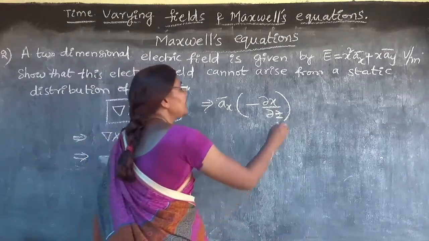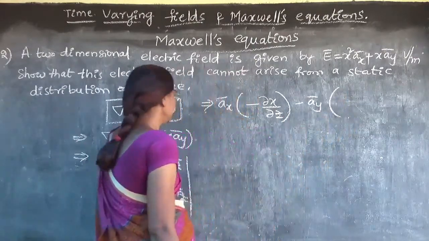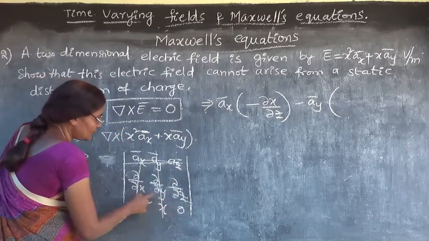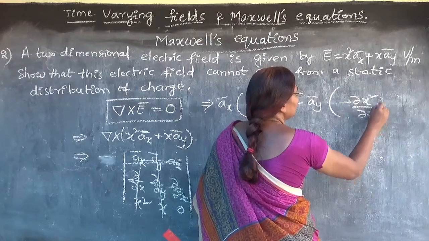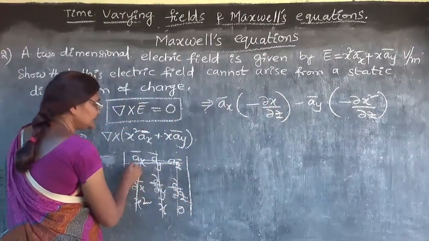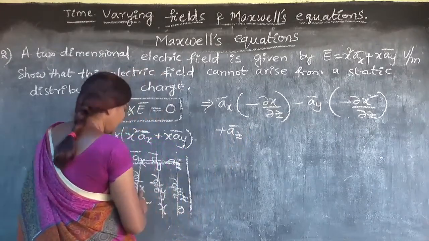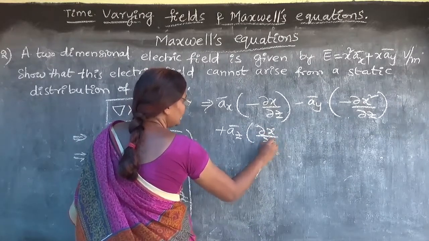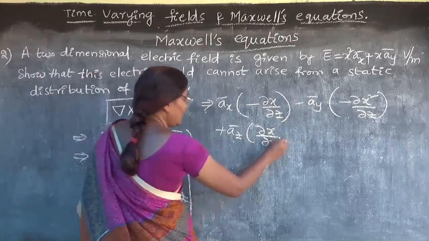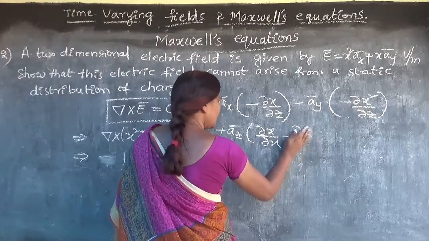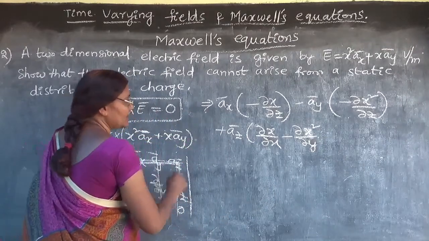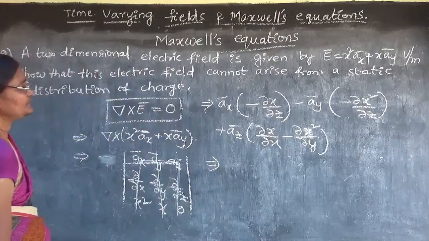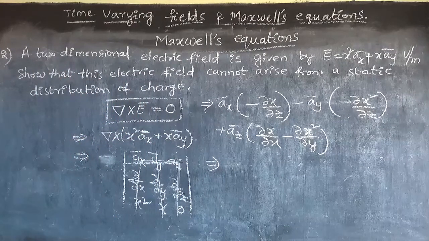Next, minus ay bar, ఇప్పుడు దీంతో expand, this will be 0, minus dou x square by dou z, minus dou x square by dou z and plus az bar dou x by dou x minus dou x square by dou y. అదే కదా ఇది. సో వాట్ ఇట్ విల్ బి ఈక్వల్ టు? సో వాట్ ఇట్ విల్ బి ఈక్వల్ టు డో ఎక్స్ బై డో జెడ్.